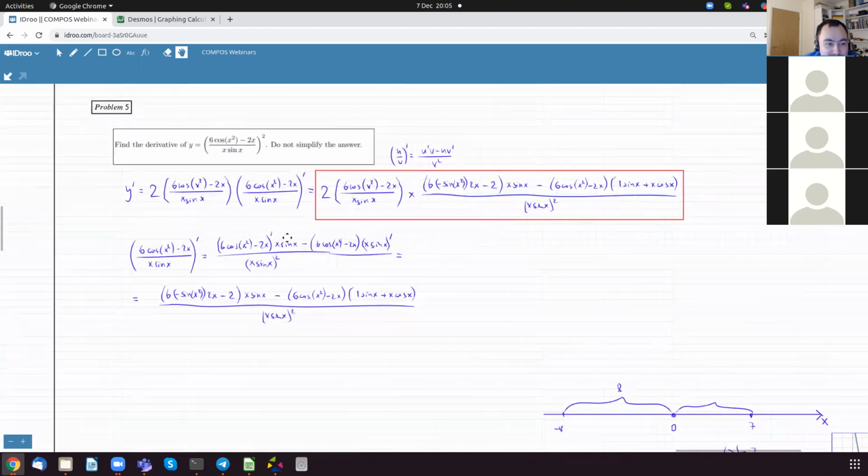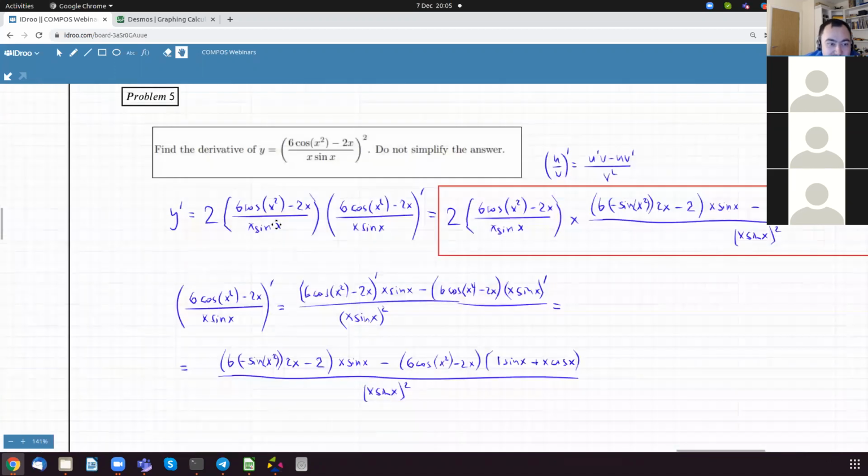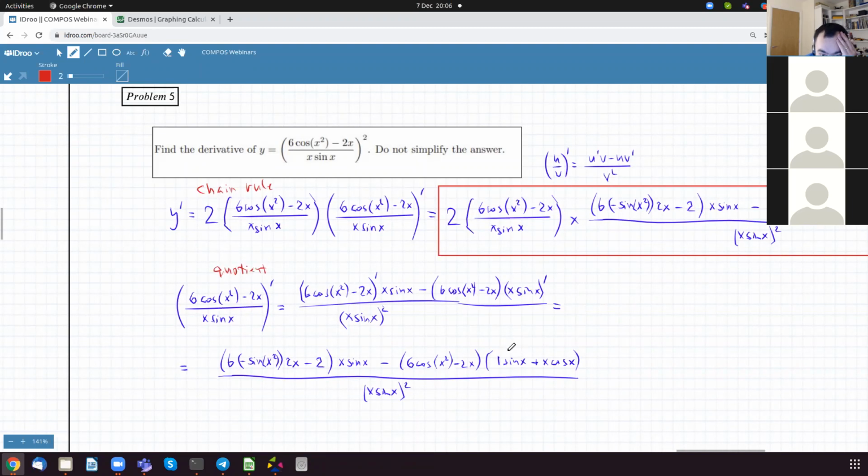So what I'm doing here: first I'm using the chain rule, then I'm using the quotient rule, then here I'm using the product rule, and here I'm using the chain rule again.